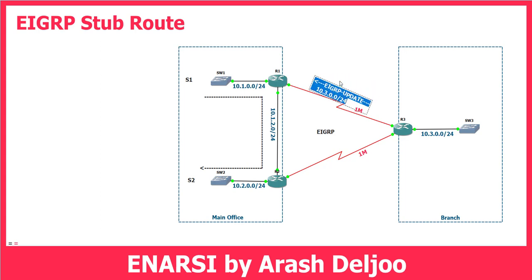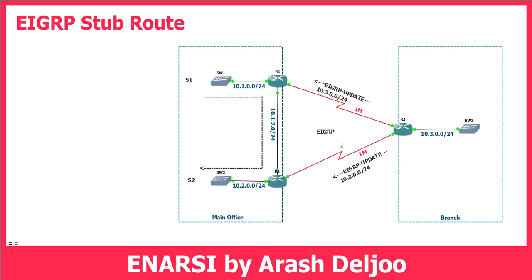That's it. So easy. After that, router 3 should send this information again to router 2. Because of that, now both router 1 and router 2 can send traffic to 10.3.0.0/24, meaning the branch network.